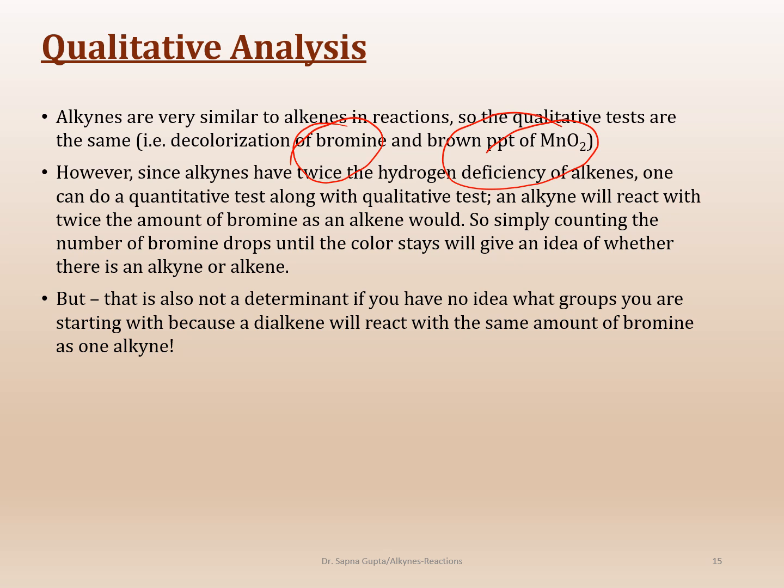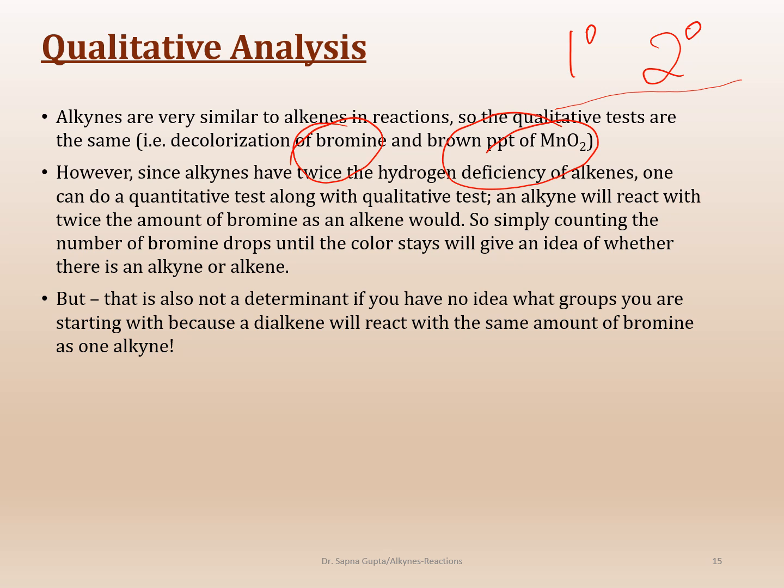An alkene has 1 degree of unsaturation, an alkyne has 2 degrees of unsaturation. So the only way you can tell from a qualitative analysis is by doing a little bit of a titration, which is not exactly a qual analysis, because qual analysis doesn't really involve anything with numbers or quantity.